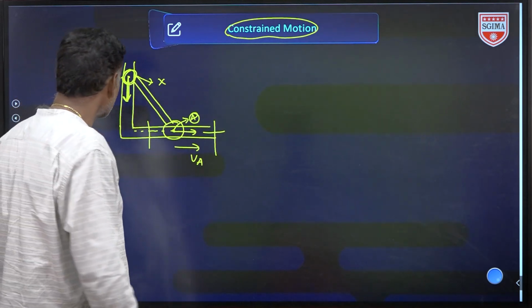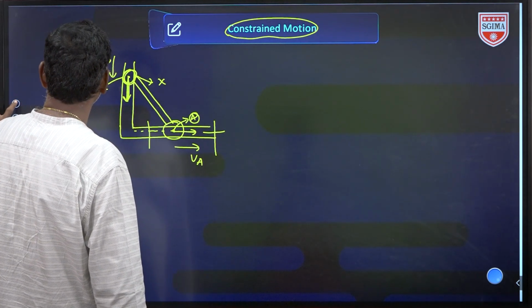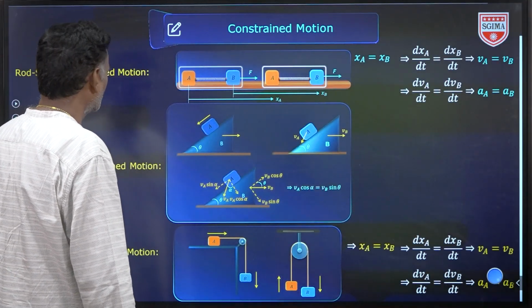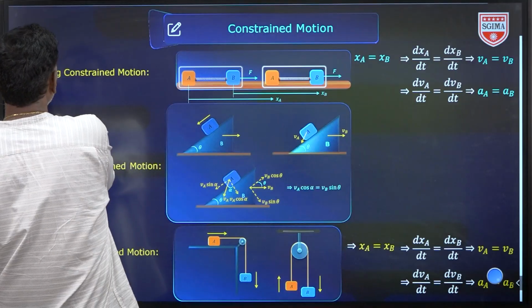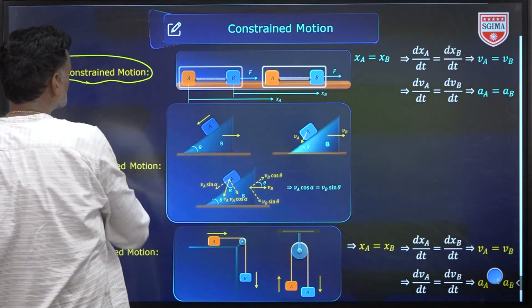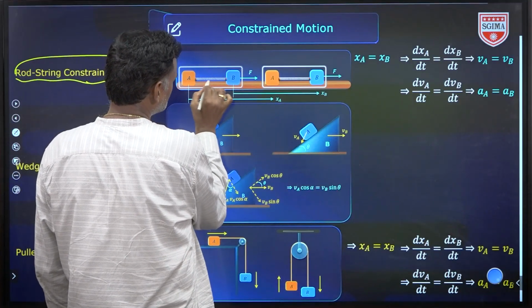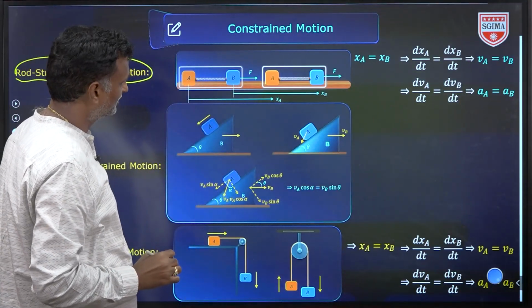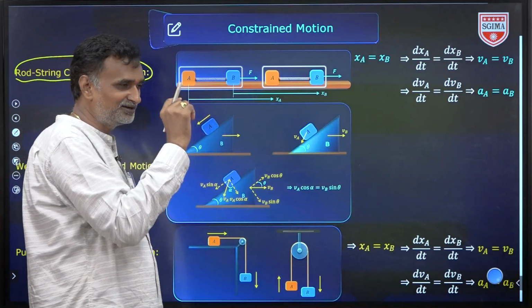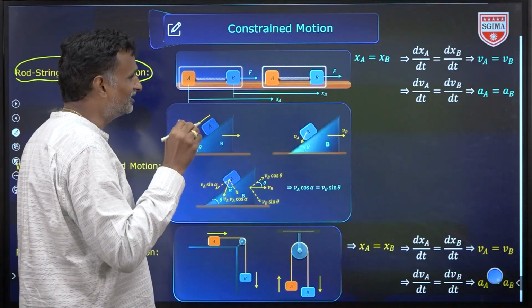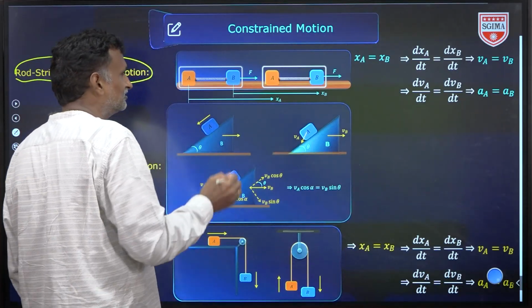Now, next, here first one, rod string constrained motion. Here it is given: this is actually a rod and both the blocks are fixed to it. Instead of a rod you can take a thick string also, there is no problem, which can explain the distance.